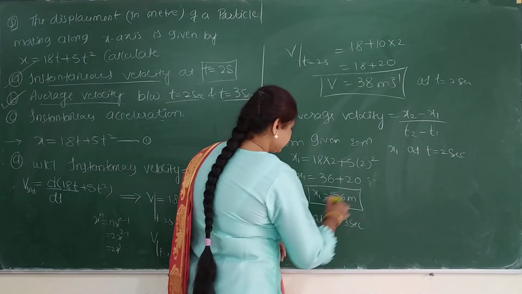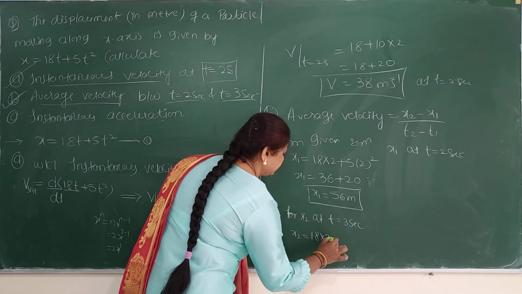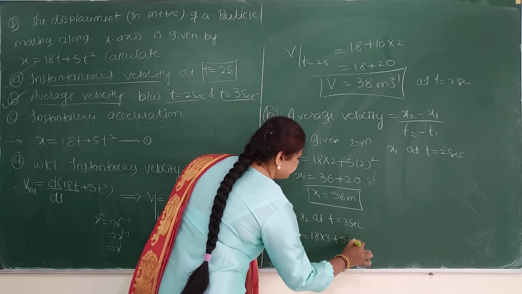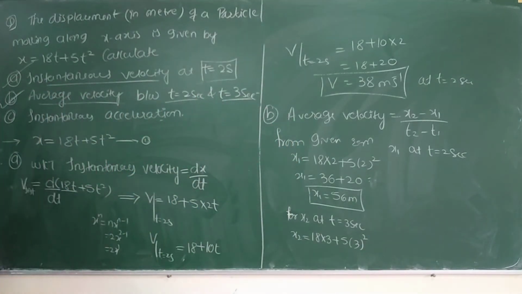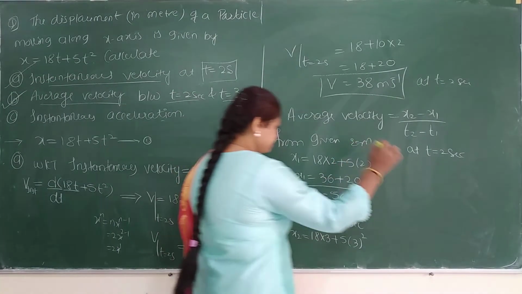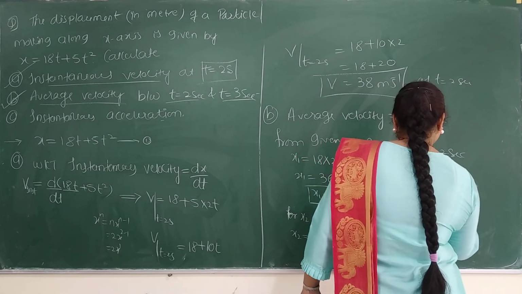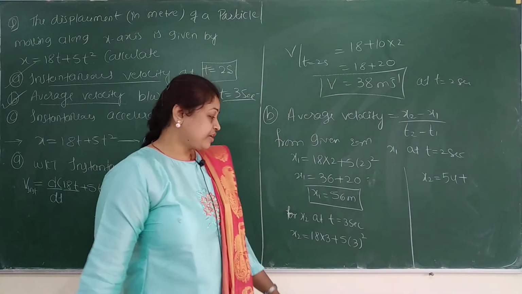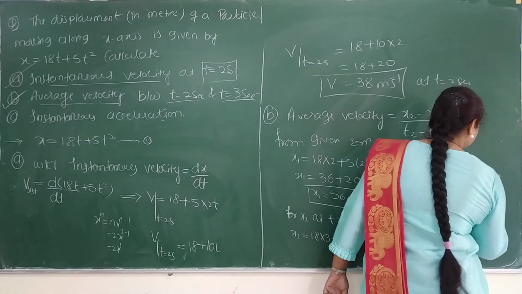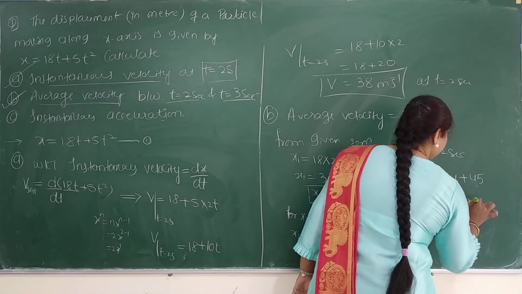Then replace here x2 equals 18 into 3 plus 5 into 3 square. 18 3s are how much? 54. So x2 equals 54 plus again 3 3s are 9, 9 5s are 45. Then x2 value is how much? 99 meter.